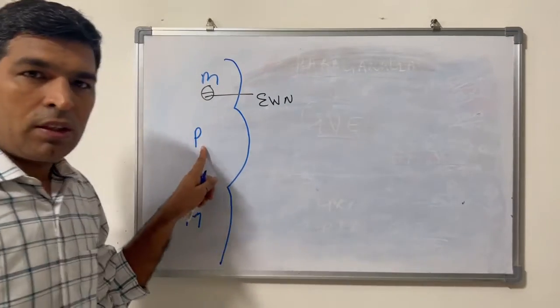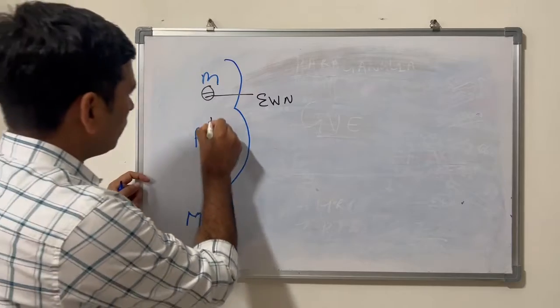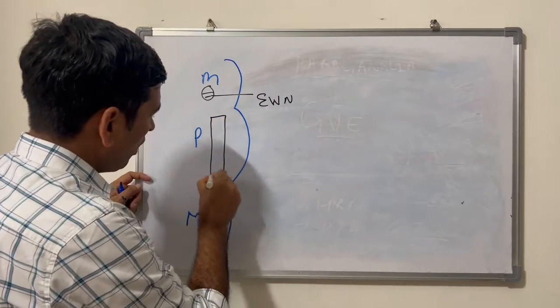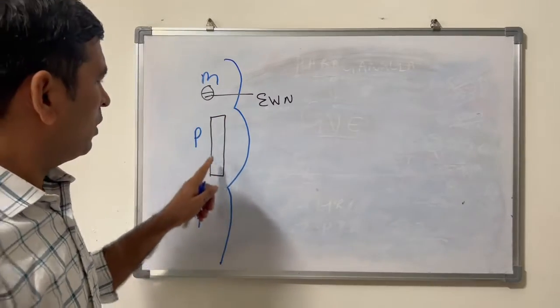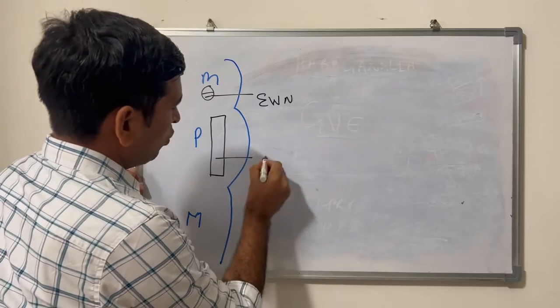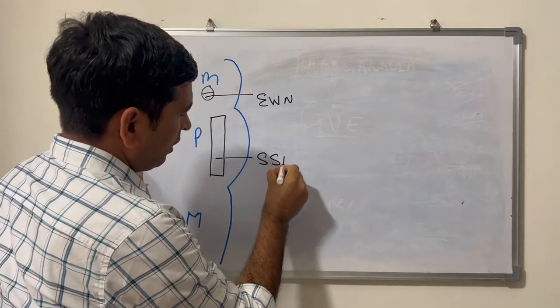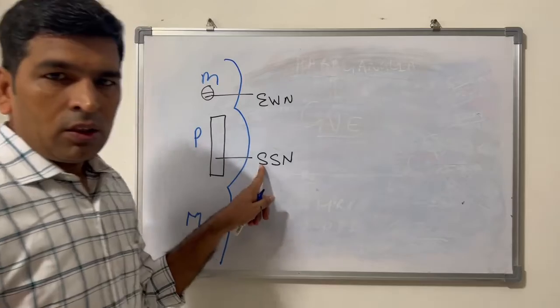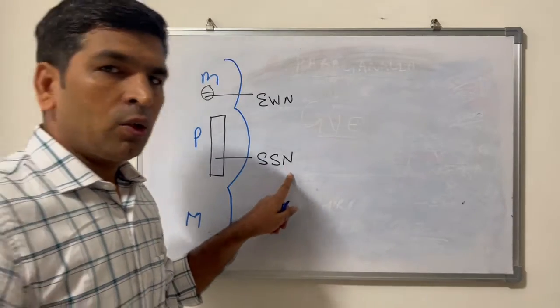Another nucleus in the pons is one huge nucleus, that is the superior salivatory nucleus.